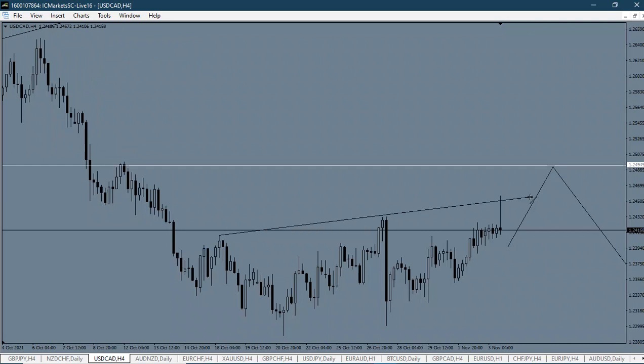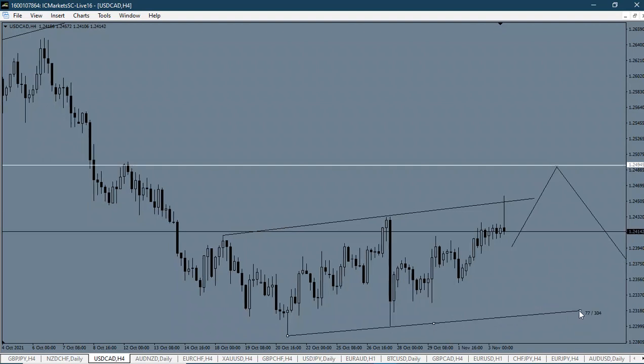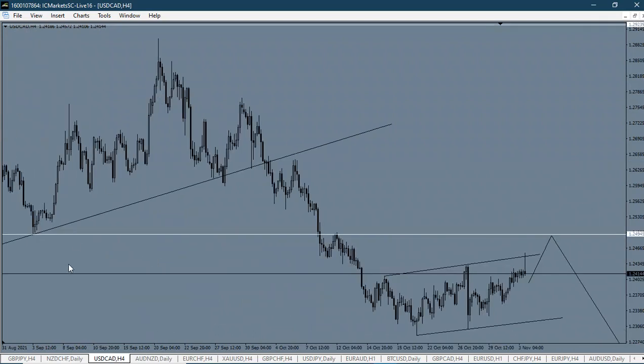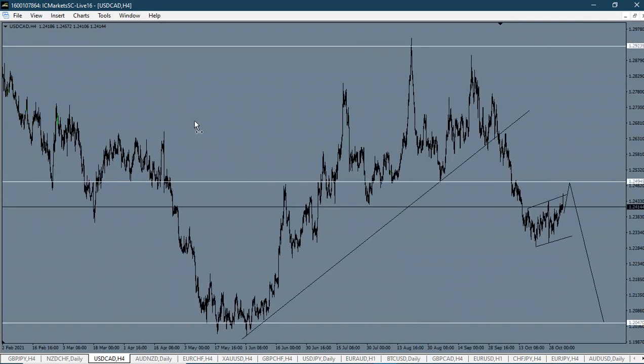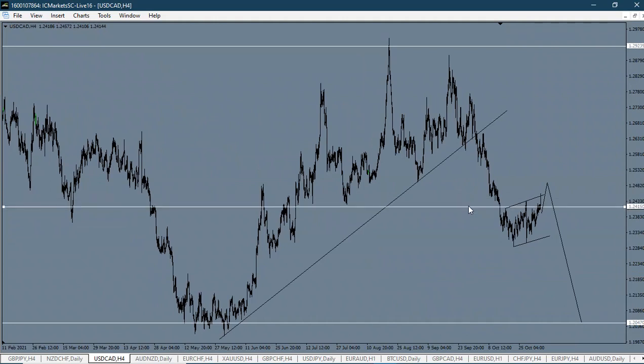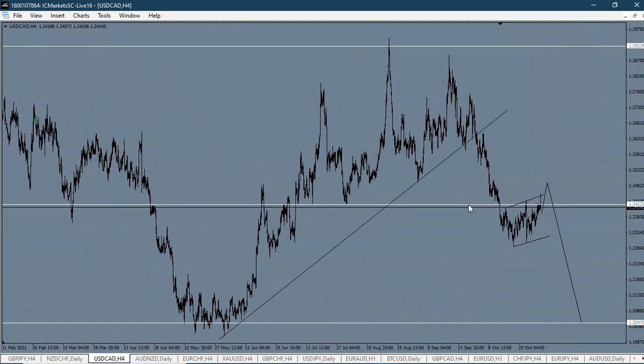We can see we had a pattern right here forming. This is our pattern right here forming, our flag, which came from our impulse move. So as you can see here, price has decided to come and retest this level right here. It crossed, and now it's currently retesting this level right here.